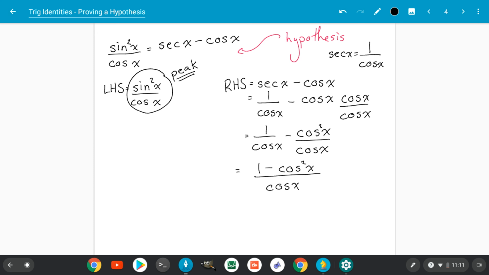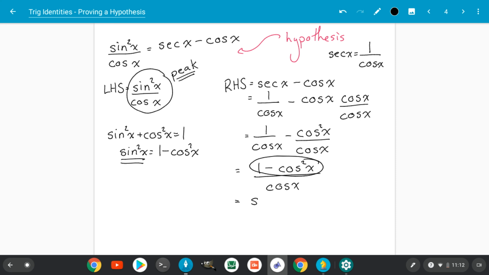So I know that sine squared x plus cos squared x is equal to 1. So now, if I want to get a sine squared x by itself, let's see what sine squared x is equal to. It's equal to 1 minus cos squared x. So by the Pythagorean identity, I can replace 1 minus cos squared x here with sine squared x, since they're equal. And there you go.